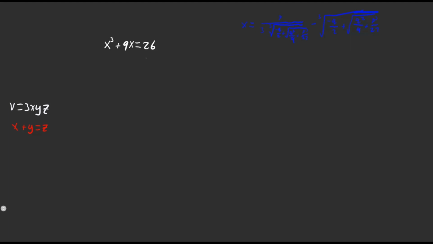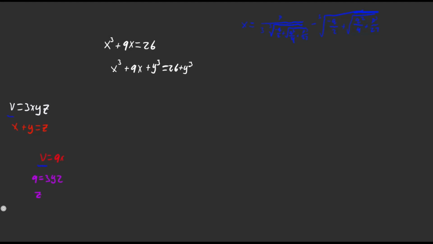So we will go ahead and add y cubed to both sides. So we have x cubed plus 9x plus y cubed is equal to 26 plus y cubed. Now we can go ahead and just set our volume equal to 9x, because that is our rectangular prism. And we have volume is equal to 3xyz, so we could set that to our volume, where we will get 9 is equal to 3yz.